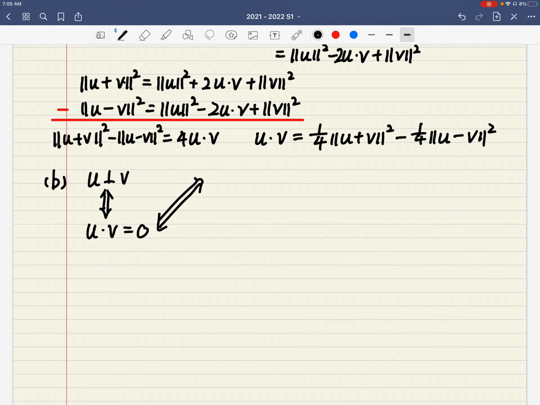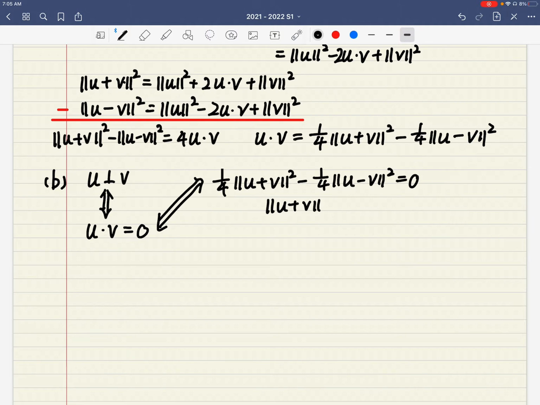So if and only if 1/4 the length of U plus V squared minus 1/4 the length of U minus V squared is equal to 0. So the length of U plus V squared is equal to the length of U minus V squared.